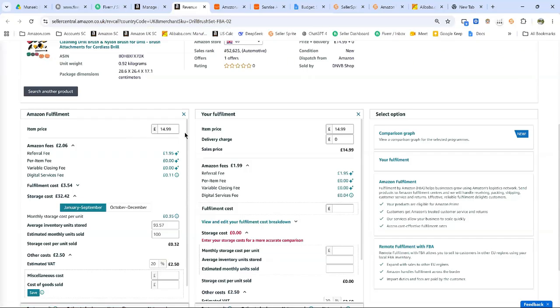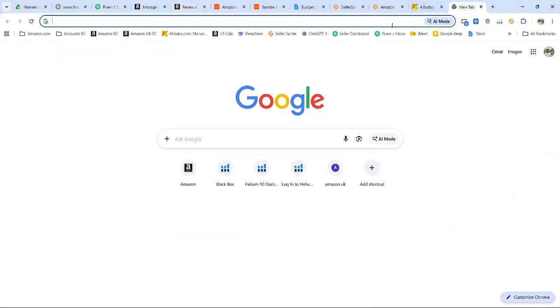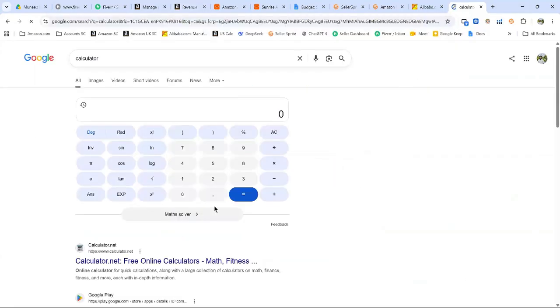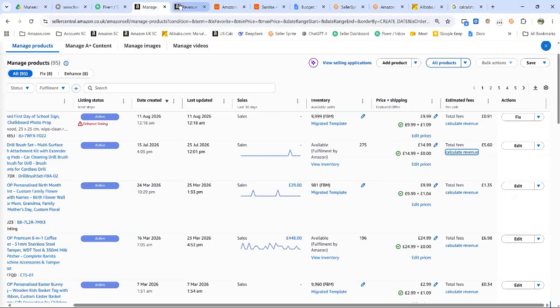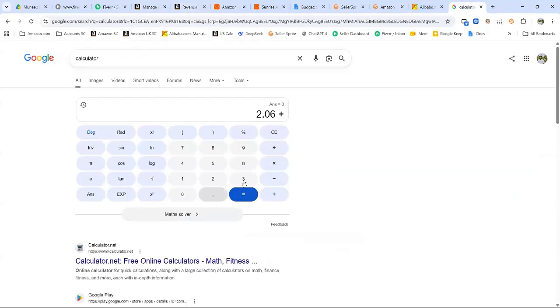So here in this case, let's calculate it quickly. 2.06 plus the FBA fee 3.54, so the total is 5.6. If you calculate it based on $15, it's almost 35%. So it's okay.